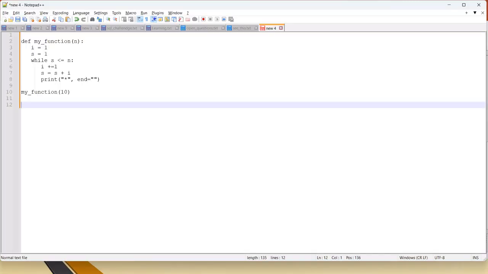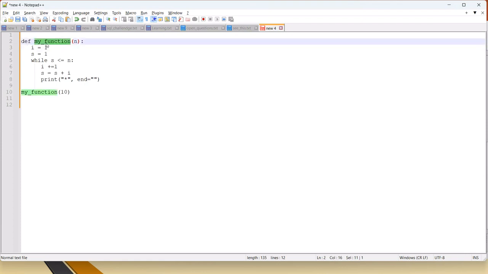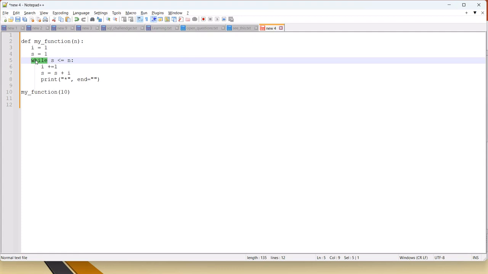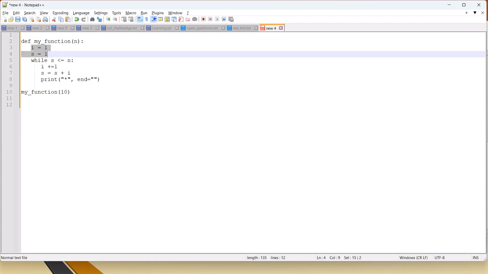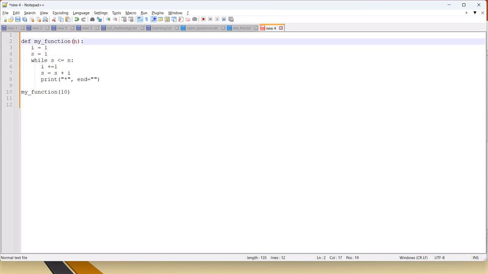Friends, if you see this small function, it just has a while loop. It's not actually doing much, but first we are initializing the I and S variables, and n is the input being passed to this function.